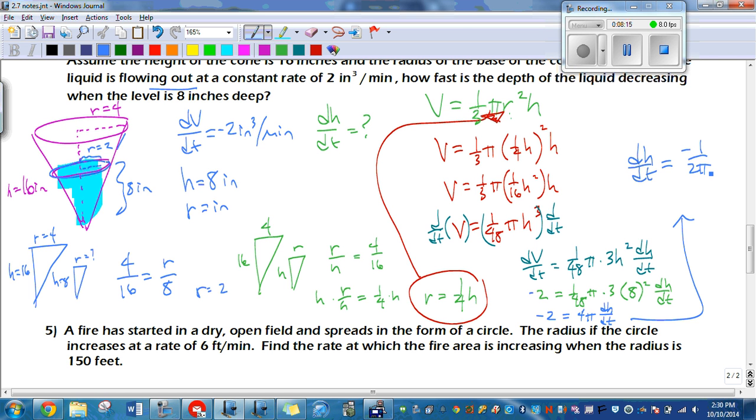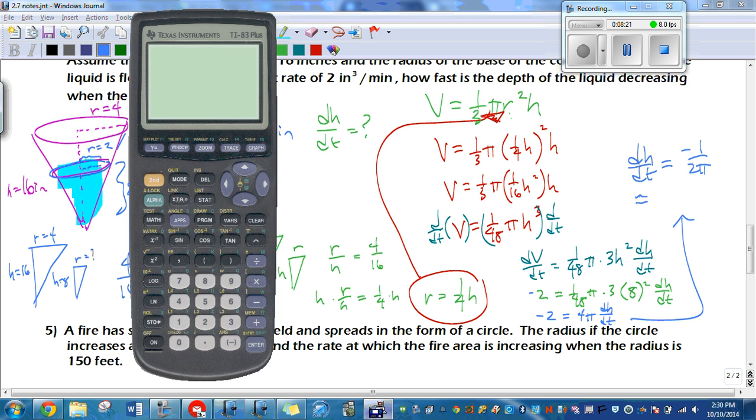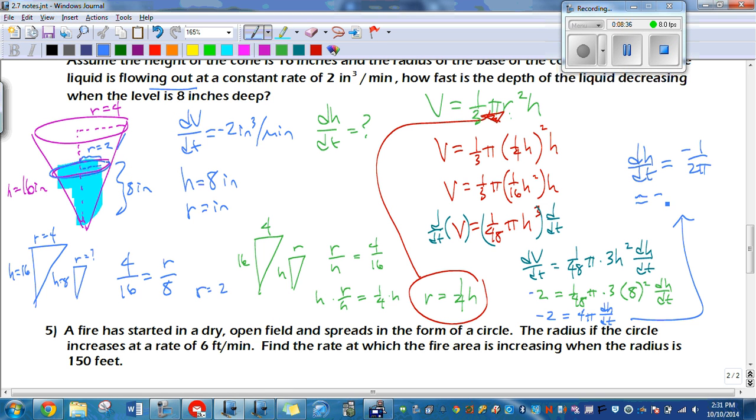If we simplify that, you can put that in your calculator. Make sure when you do that you put the 2 pi in parentheses, otherwise you're dividing by 2 and then multiplying by pi. So you should get about negative 0.159 inches per minute.